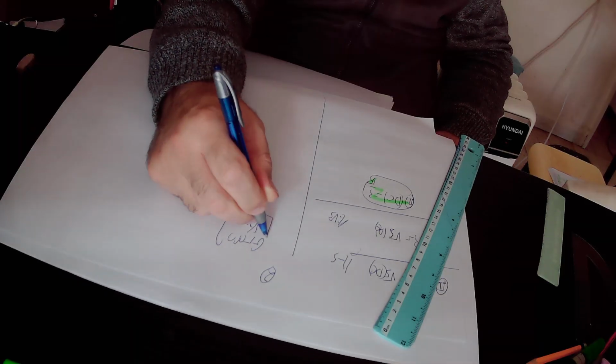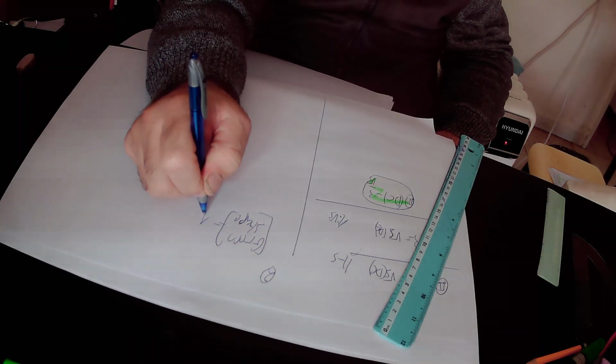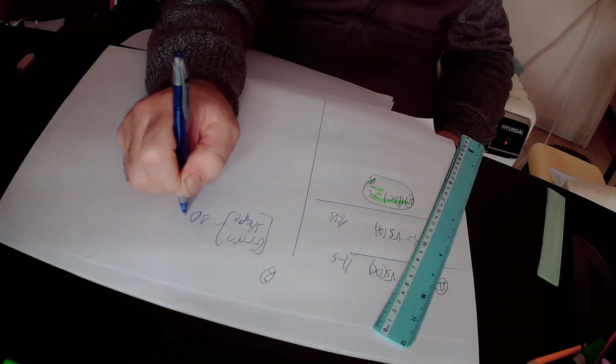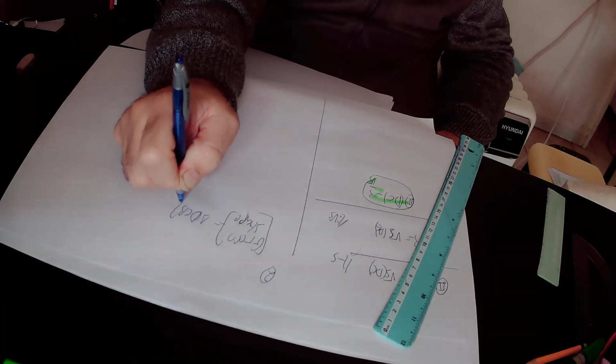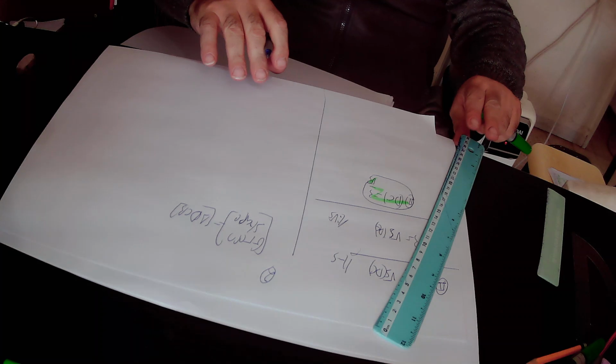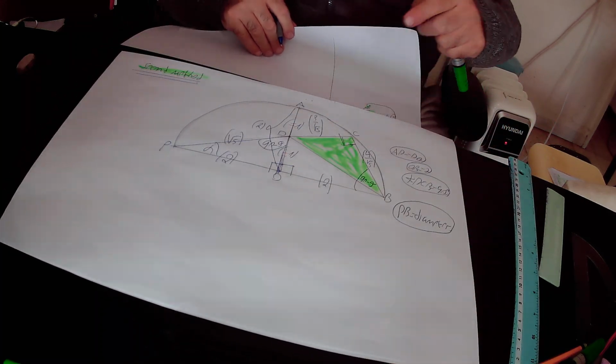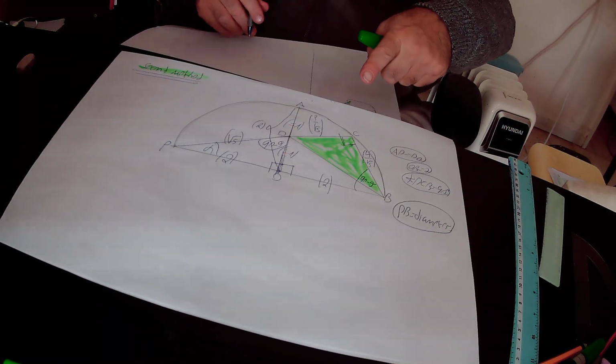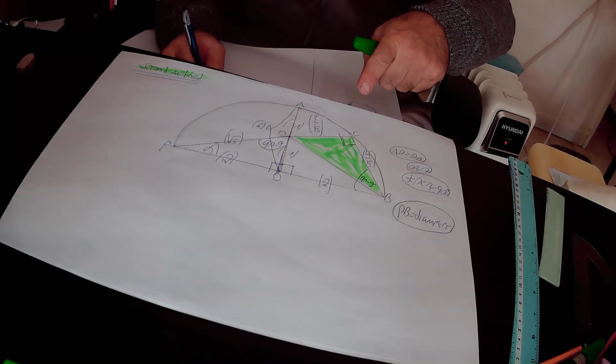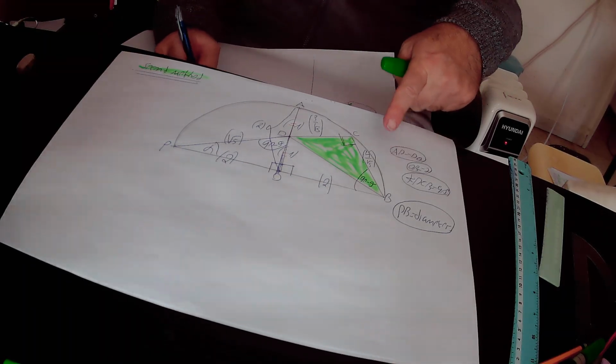And the area of this green right triangle DCB equals the base DC times the height CB over 2.